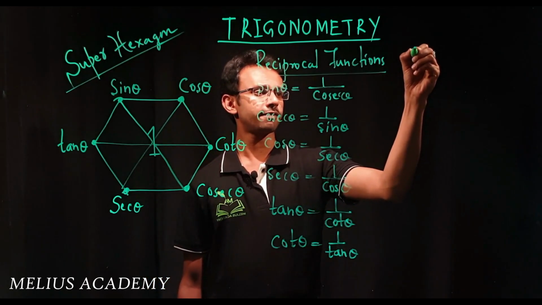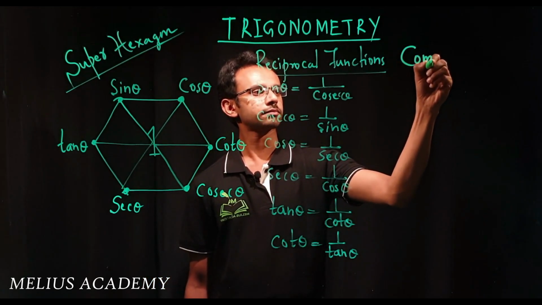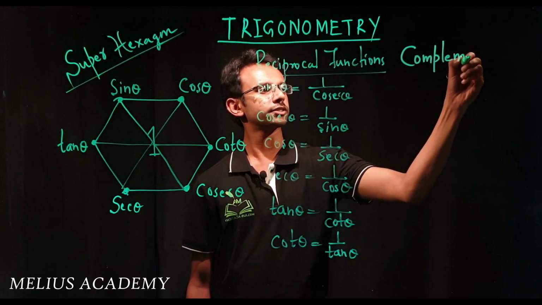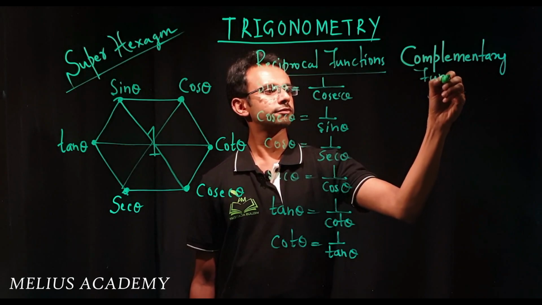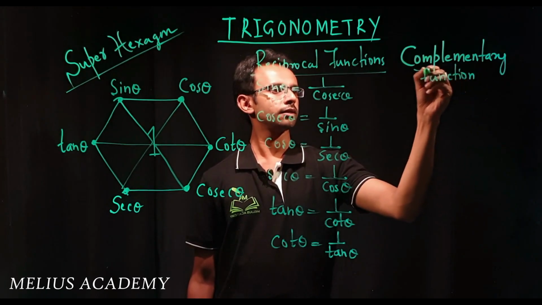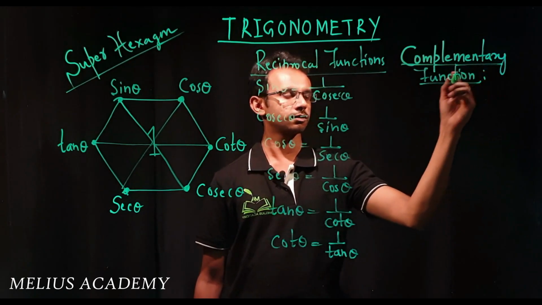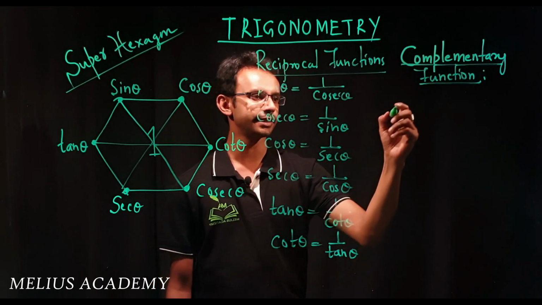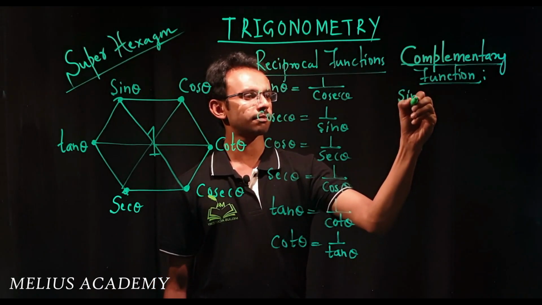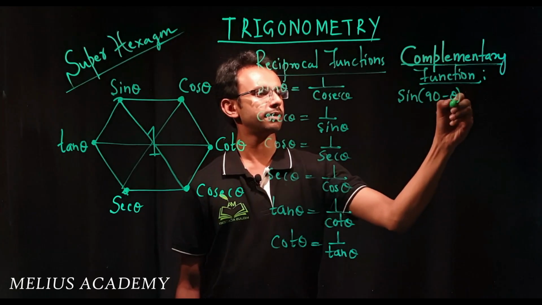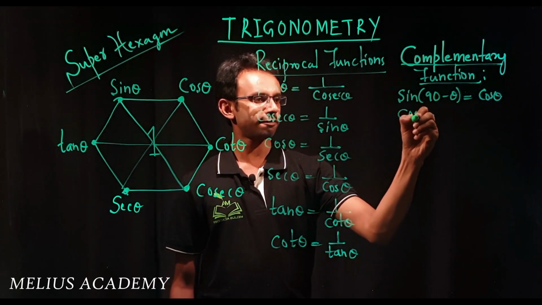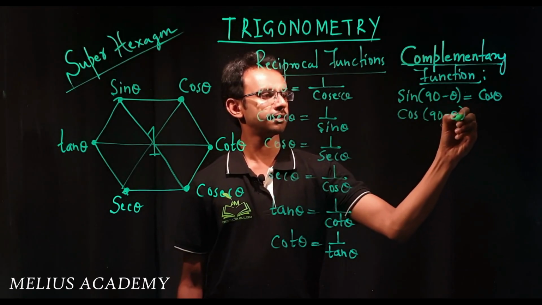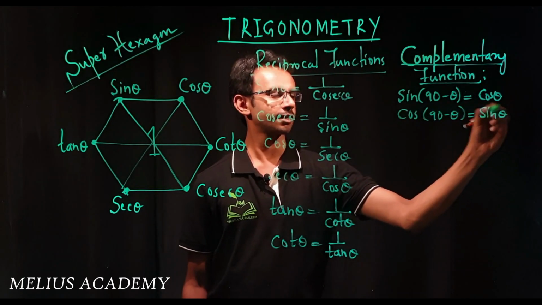The next set of functions is called complementary functions. You all know complement means a sum which will give you 90 degrees. So the functions are like this. Sine of 90 minus theta is equal to cos theta. Cos of 90 minus theta is equal to sin theta.